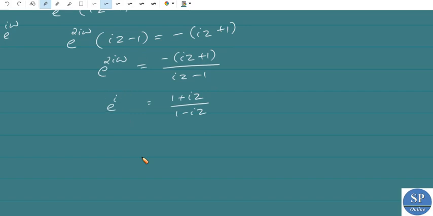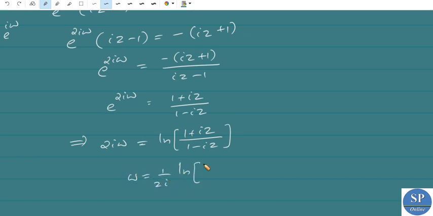Then we get 2iw is equal to ln of 1 plus iz divided by 1 minus iz. Therefore w is equal to 1 by 2i into ln of 1 plus iz divided by 1 minus iz.